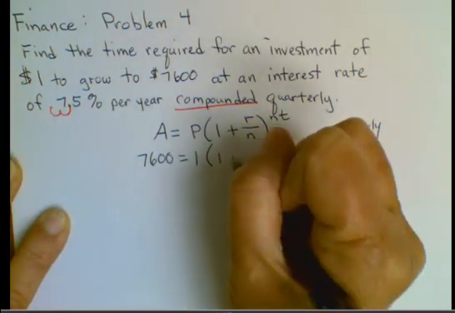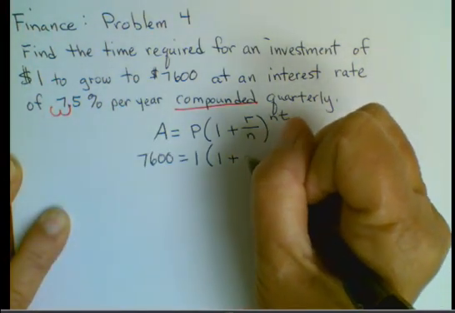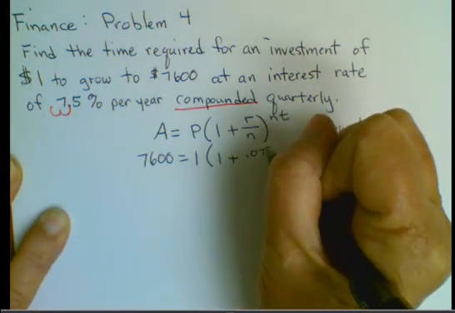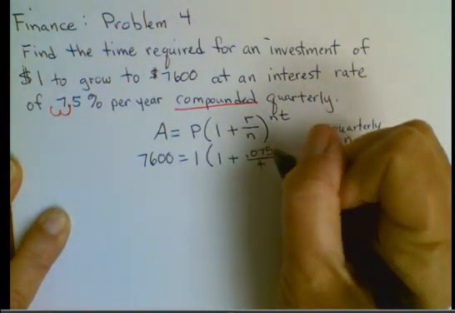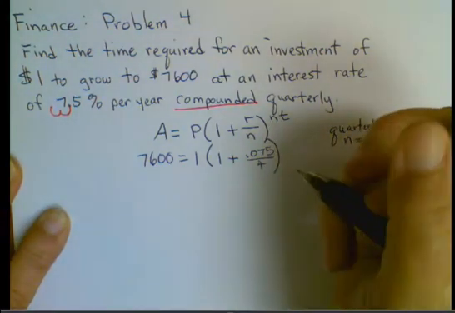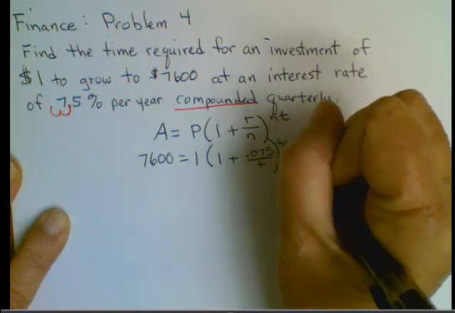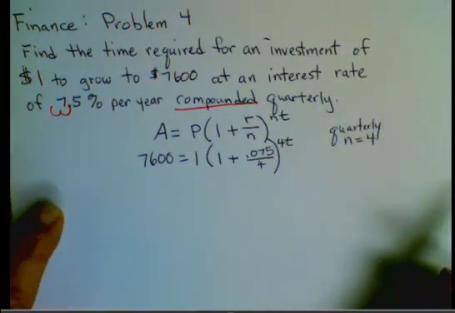We have 1 plus our rate, 0.075, divided by 4 for our compounding intervals. Right, and here we need to put the 4 again times the T. The T is our unknown in this problem, the time.